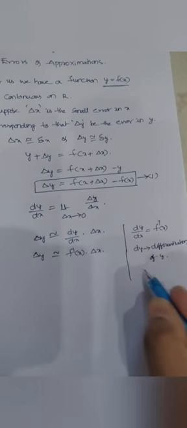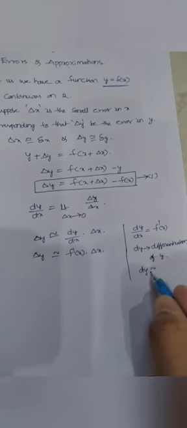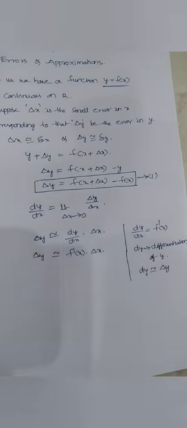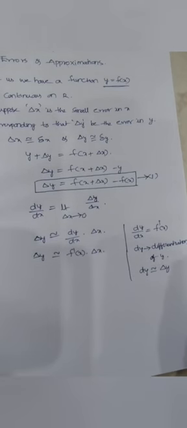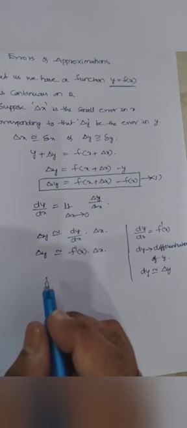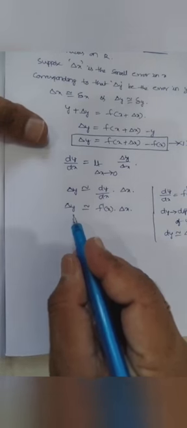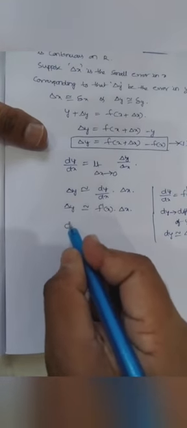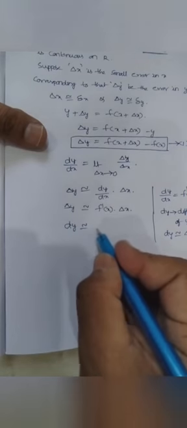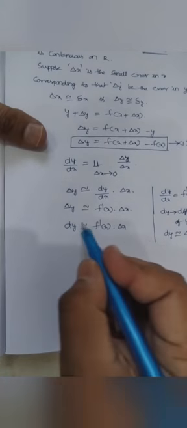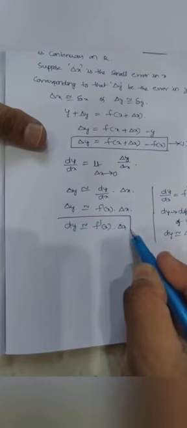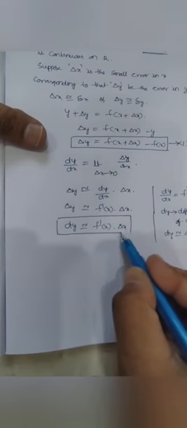So dy can be approximately equal to delta y. I am replacing delta y with dy. So what I get is dy is approximately f dash of x into delta x. This is the second formula, the approximate value. This is equation number 2.